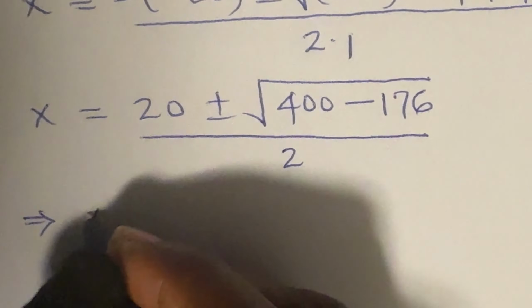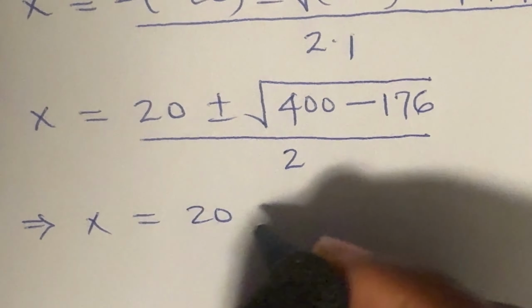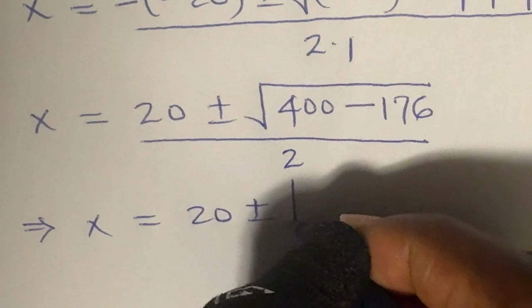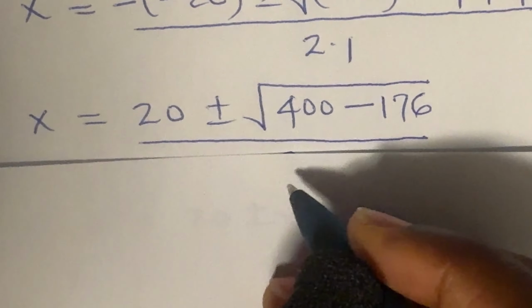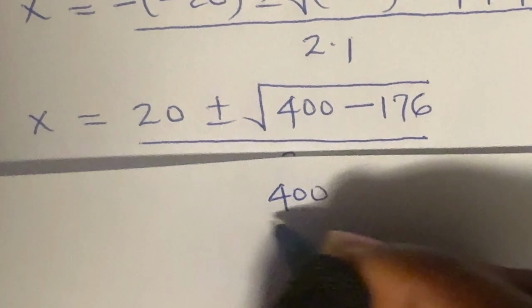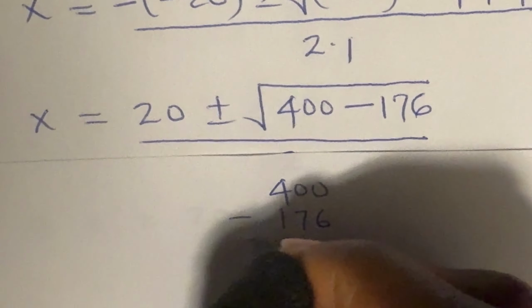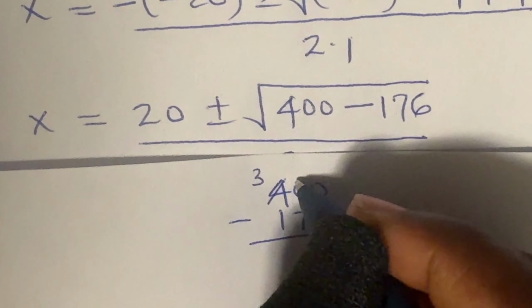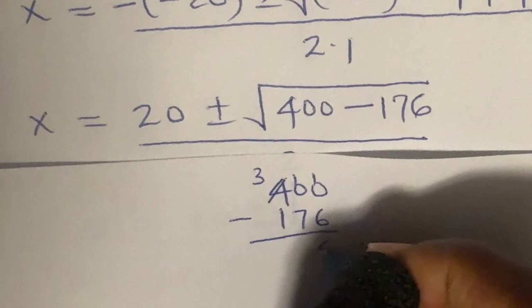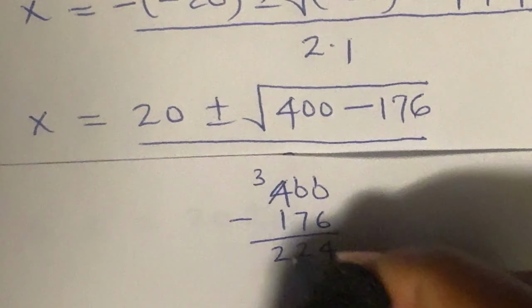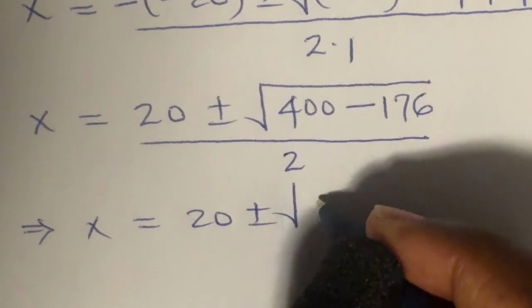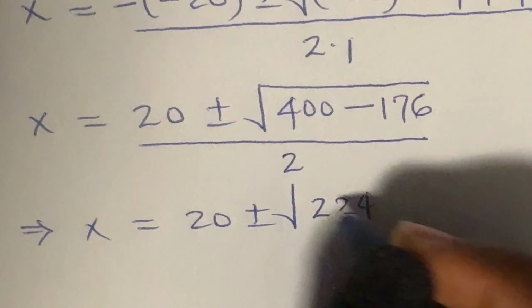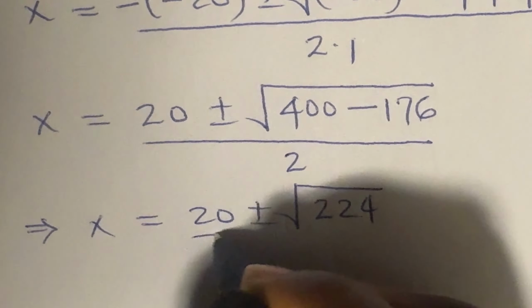So x is equal to 20 plus or minus the square root of 400 minus 176. We can quickly do this, so we have 224. So we say square root of 224, then divided by 2.